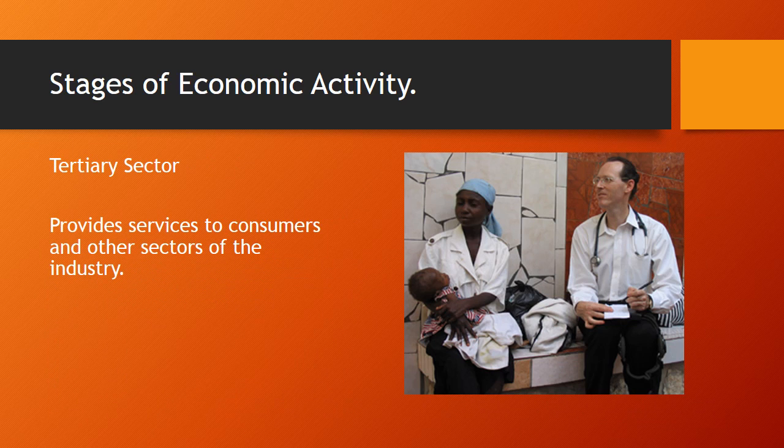The third stage is the tertiary sector. The tertiary sector deals with providing services to consumers and other sectors of the industry. A manufacturing industry, if you look back at the secondary stage, is not isolated in just manufacturing goods. It needs other services to survive.